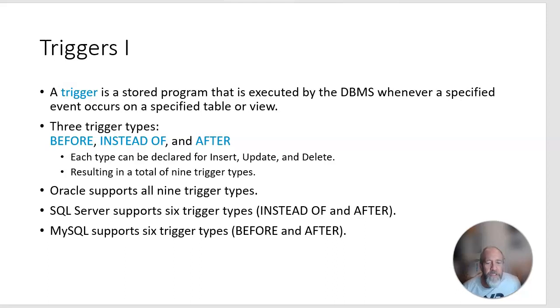Also, triggers. My first advice for triggers is, if you cannot do triggers, don't. And there's a reason for that. A trigger is something that happens when something else happens. A specific event occurring on a table or a view can be picked up by a trigger.